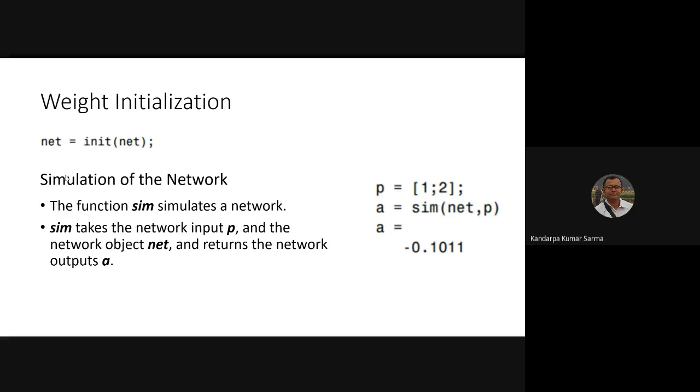Then when we want to simulate the network, we can use the built-in function sim. Here is one such way. If we use the vector p1 and 2, and we have defined some network where the variable net holds the network, then we can use sim and pass the vector p to simulate the network's response. Here A gives us that particular response.